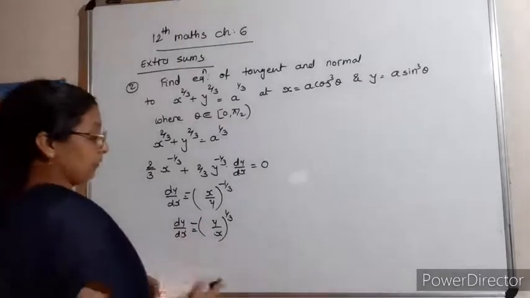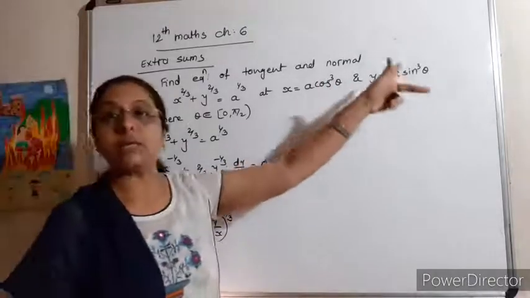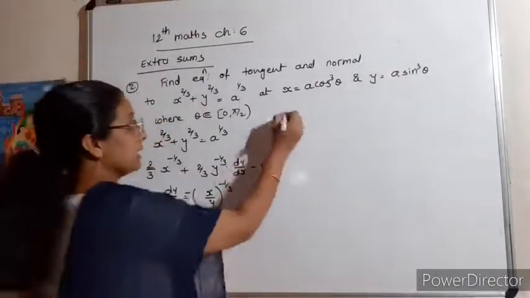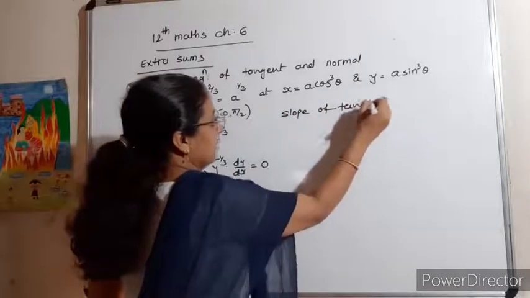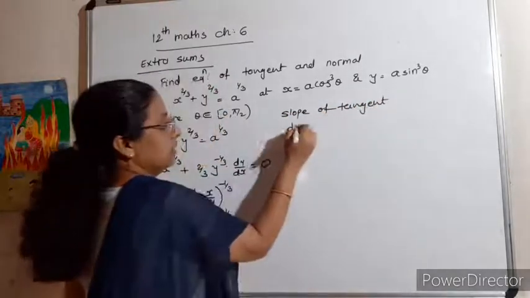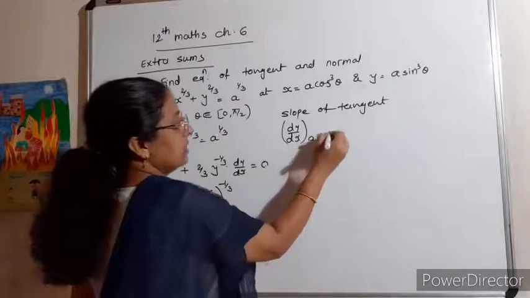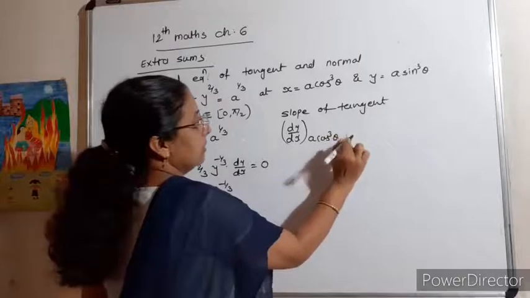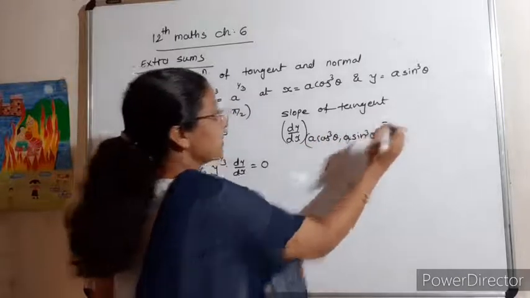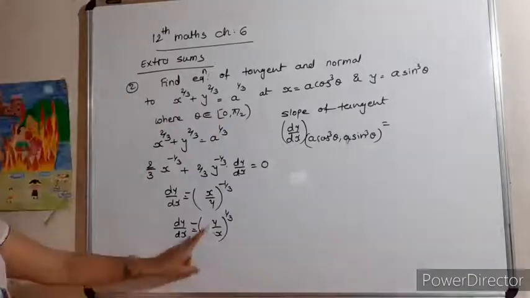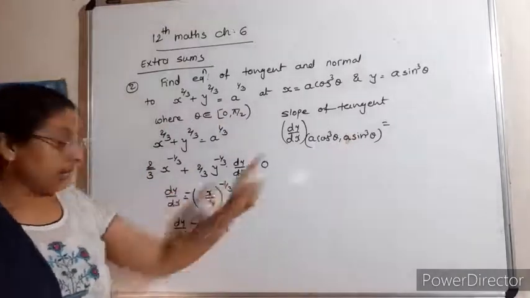Okay. Now what? Here dy by dx at the given point is our slope. So we can say slope of tangent is dy by dx at a cos cube theta, a sin cube theta. This is our point. So, instead of y, I will write a sin cube theta.